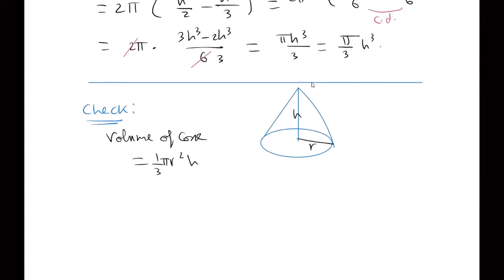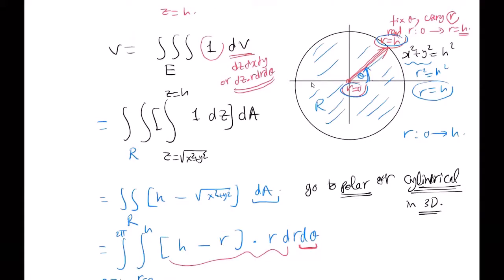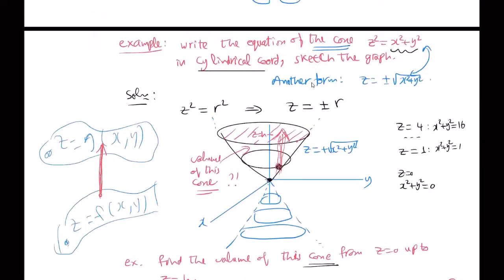Why did we get it in this form? Have you noticed, Mahmoud? Look carefully: r equals h. He told us up to the height h, and at the height h we have a circle of radius h.